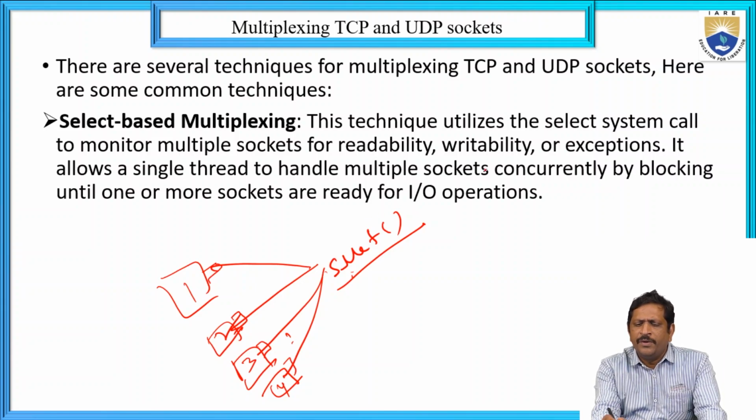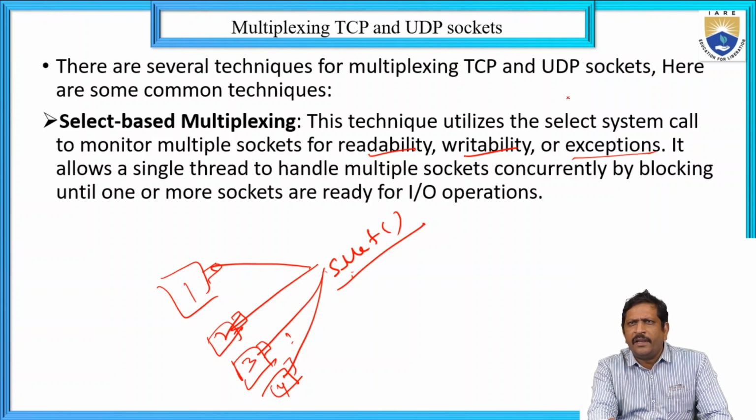Readability operations mean reading the content, reading the information. Writability operations monitor how much information you are writing. And for exceptions, if any errors arise while performing reading and writing operations, they can be handled.